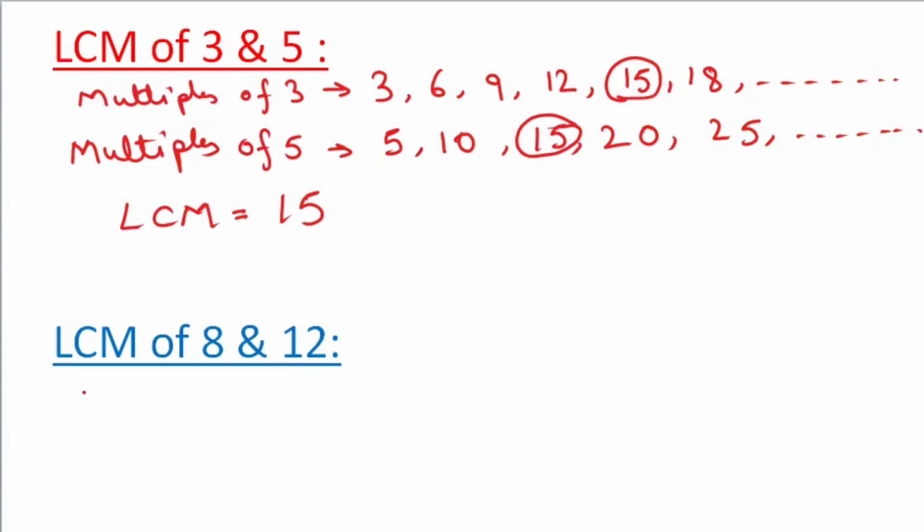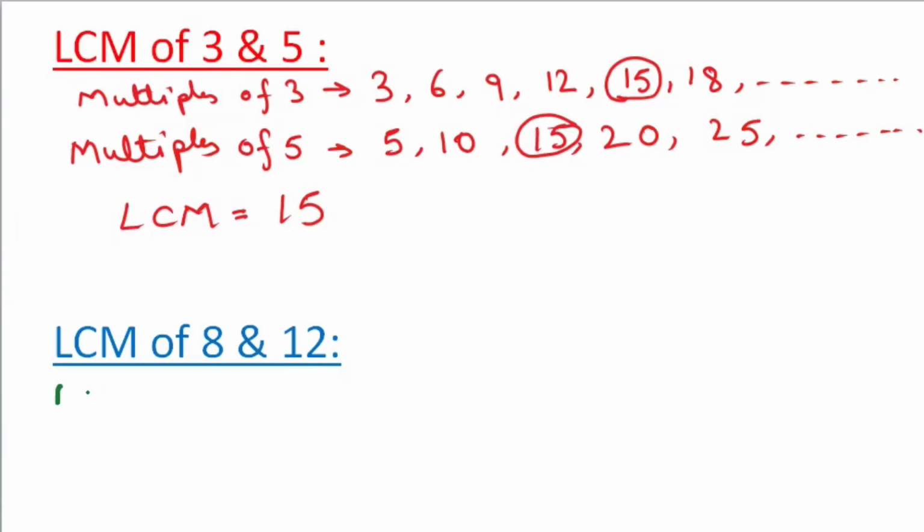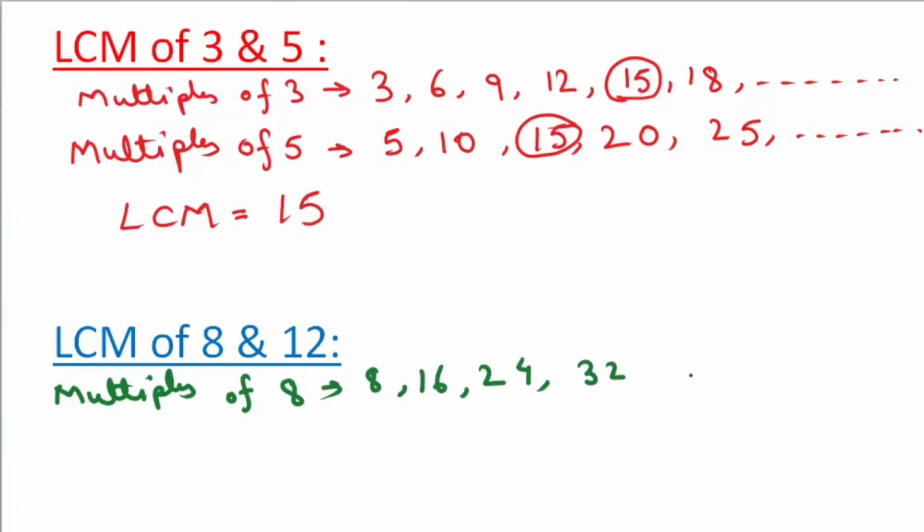I hope you are getting it. Now let's find out the LCM of 8 and 12. What we have to do, we have to first take out the multiples of 8. What are the multiples of 8? 8, 16, 24, 32, 40, 48, and we'll go on.